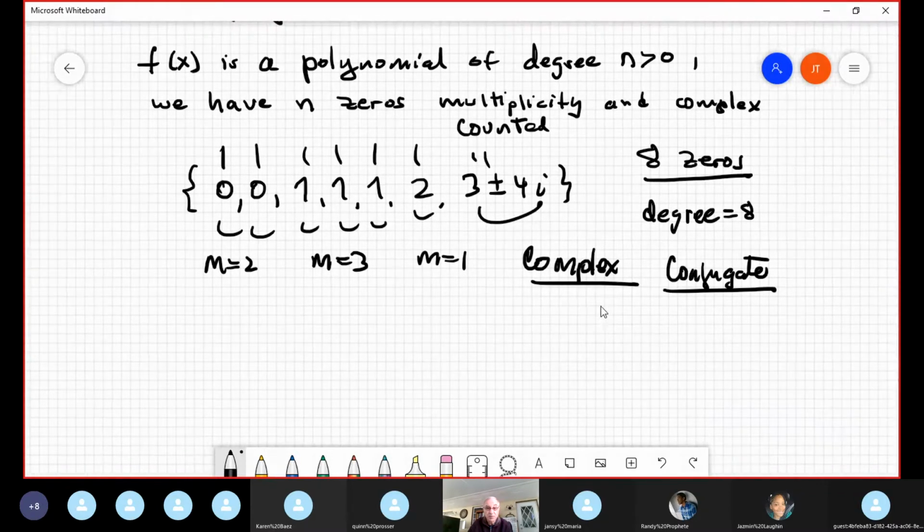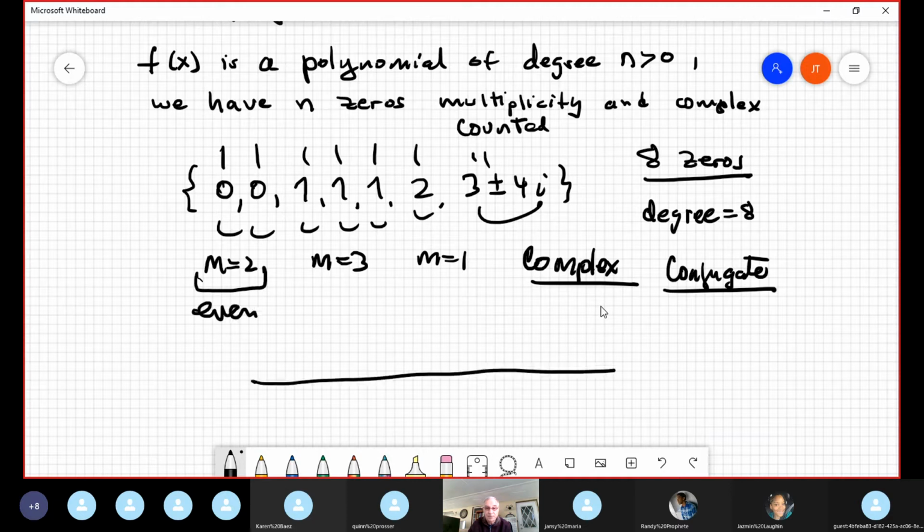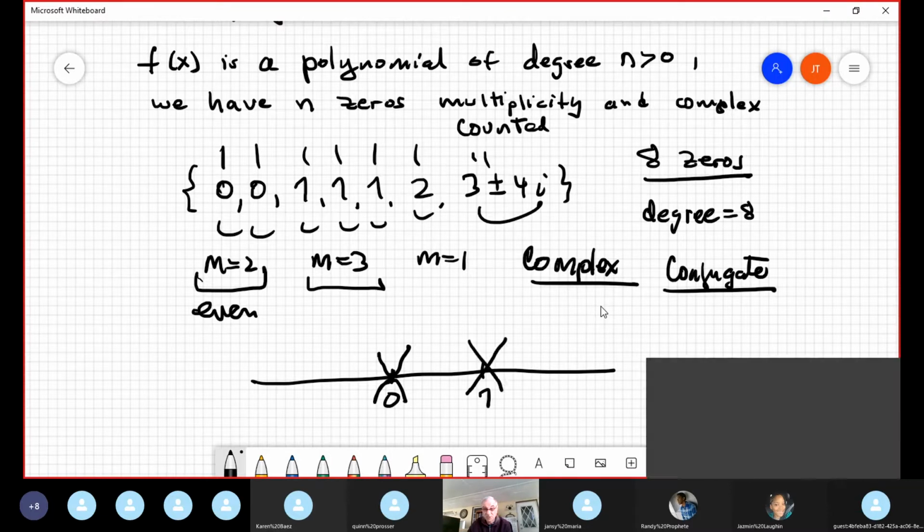I suppose that you remember in the last class when the multiplicity is even, the graph somehow touches. Depende, no? Touch in that direction or touch in that direction. When the multiplicity is odd number, cross. Okay.